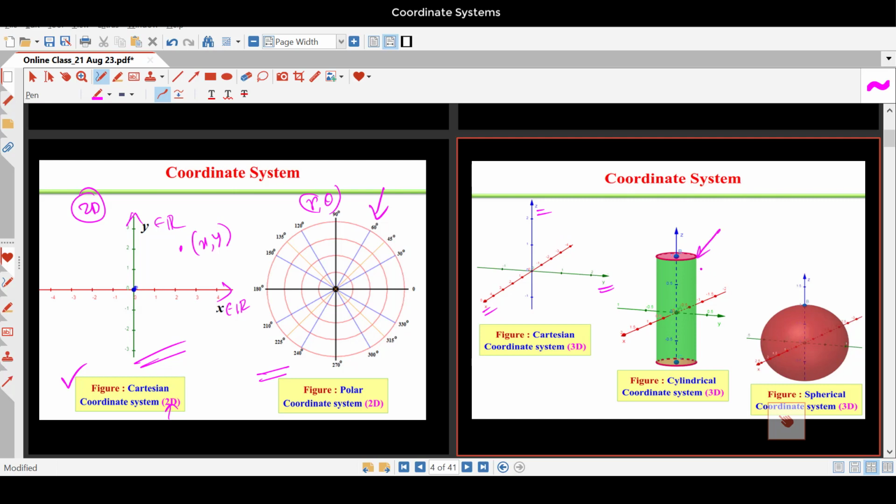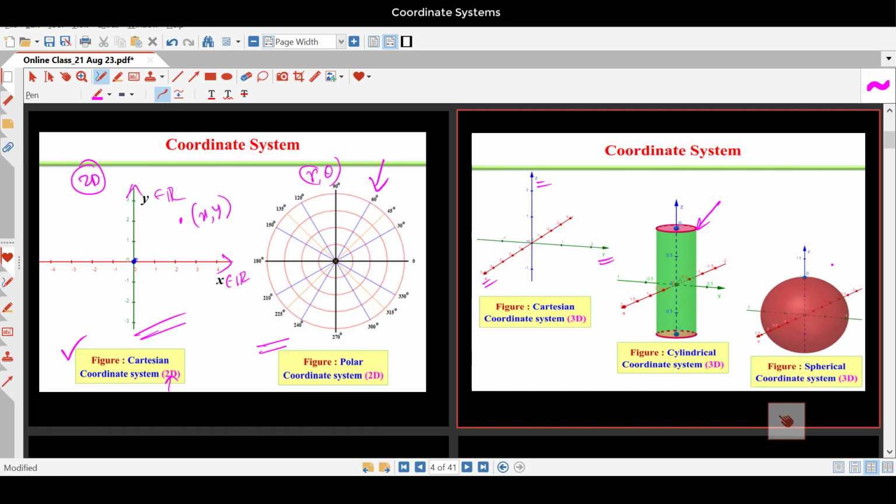You need a cylinder here just to locate the position of any point. Similarly, instead of the Cartesian coordinate system, we are choosing one sphere. By the sphere we will locate the position of any point. So this is the spherical coordinate system, this is the cylindrical coordinate system, and this is the well-known Cartesian coordinate system in 3 dimensions.